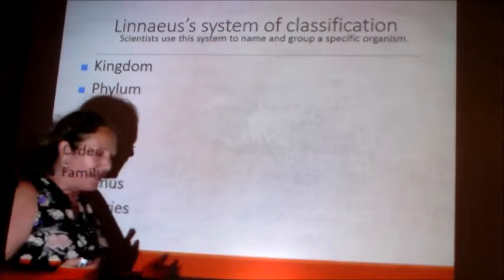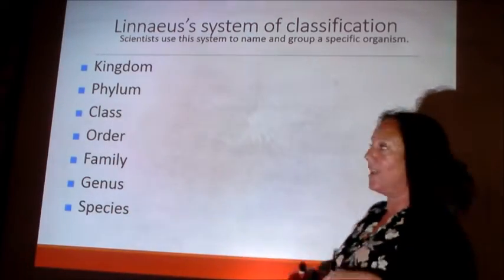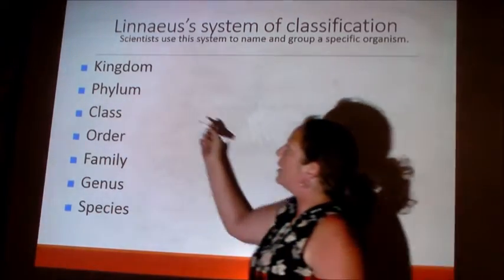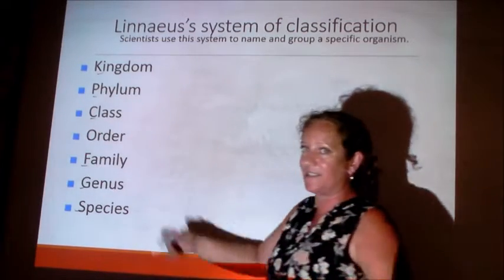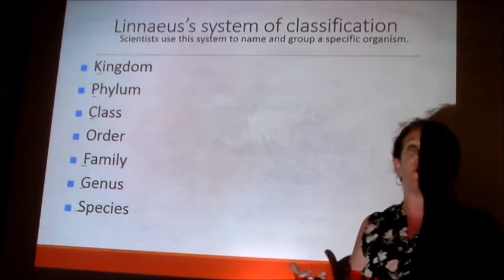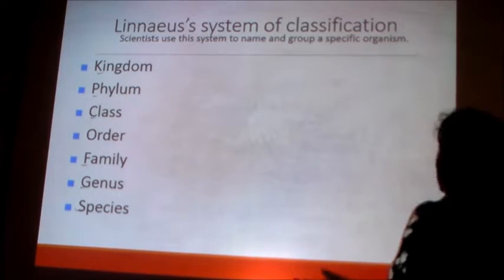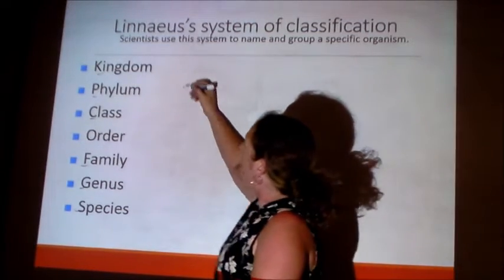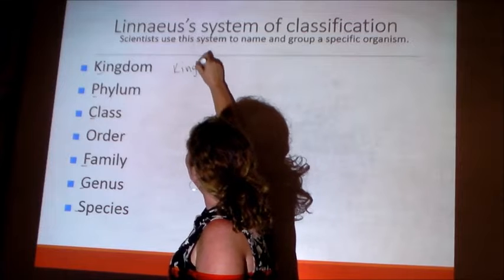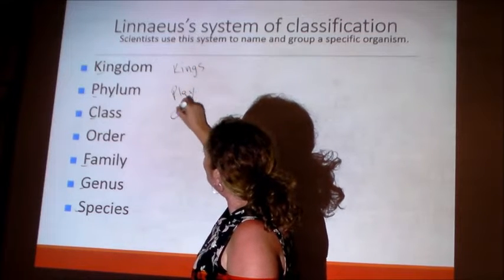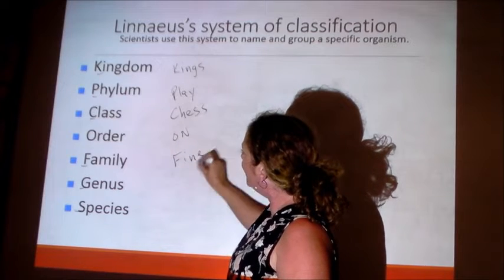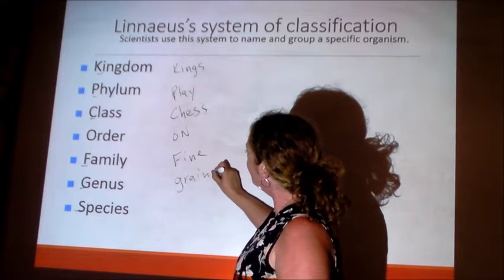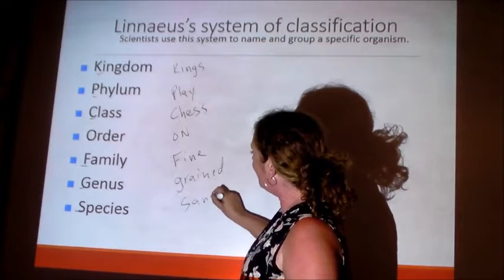The best way to do that is by using a mnemonic device. Mnemonic devices are where you take the first letter of every word and you make a sentence or a saying or something you'll remember so you can remember the order of this. In your book, it's kings play chess on fine-grained sand.